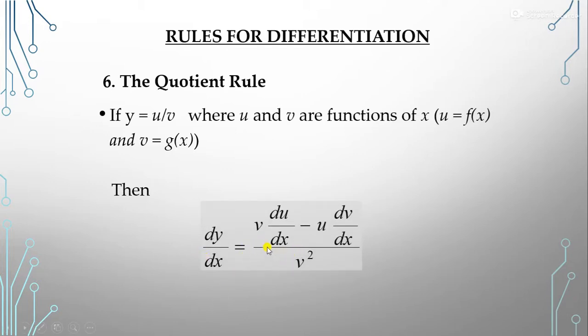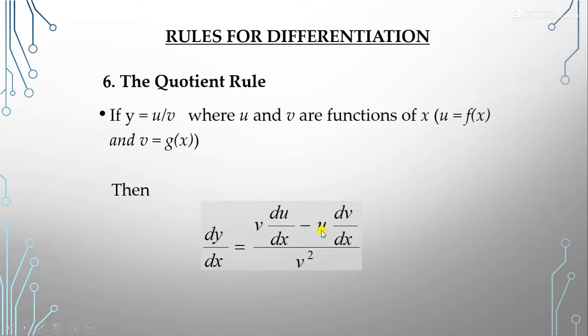In the numerator we have the first function and second. Here you have to remember that the function in the denominator, v, you put as it is, and the derivative of the numerator, minus the numerator as it is and the derivative of the denominator, upon v square, meaning denominator square.